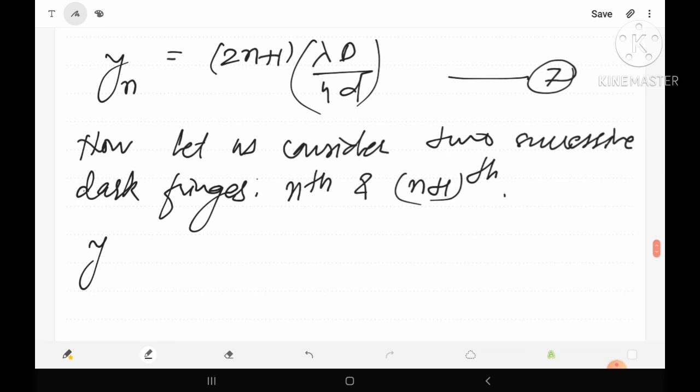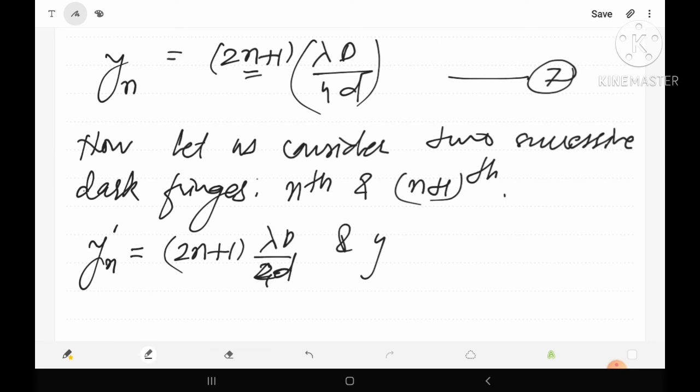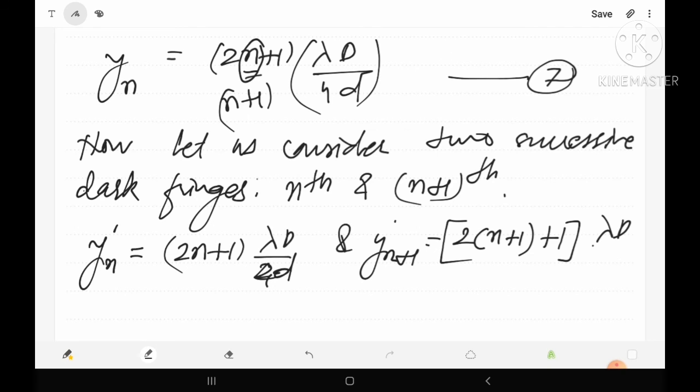Then yn dash, where dash denotes the dark fringe, is equal to 2n plus 1 lambda capital D upon 4d, and yn plus 1 dash, meaning the n plus 1th fringe, will become, in place of n we write n plus 1, so 2 into n plus 1 plus 1 into lambda capital D upon 4 small d.